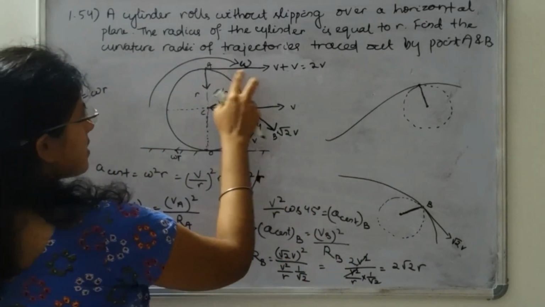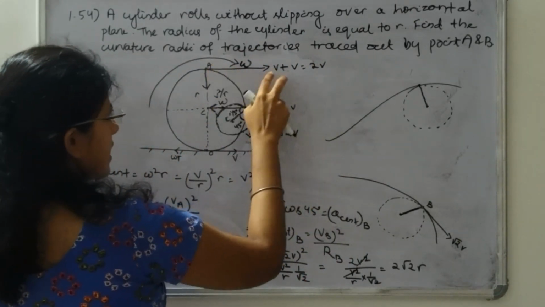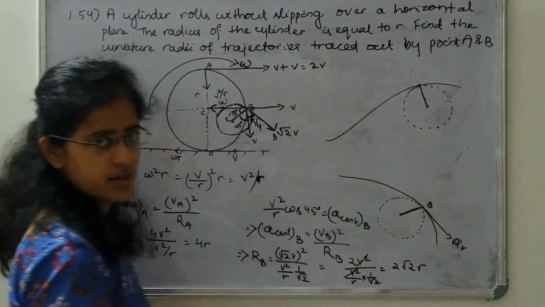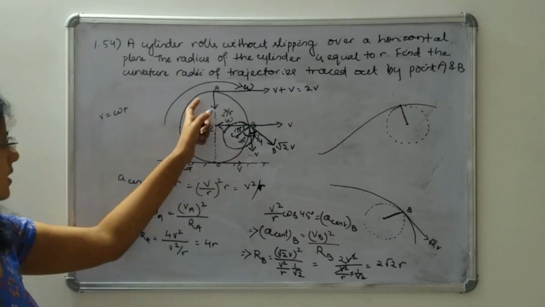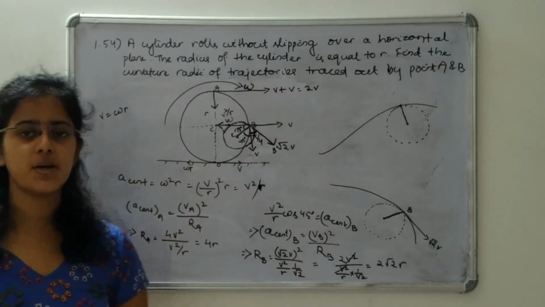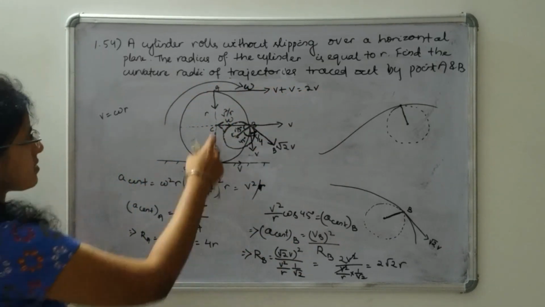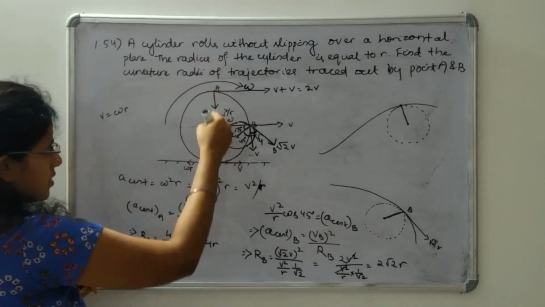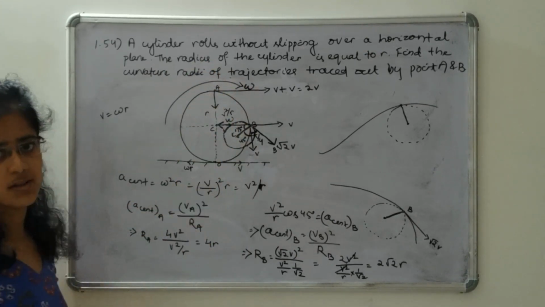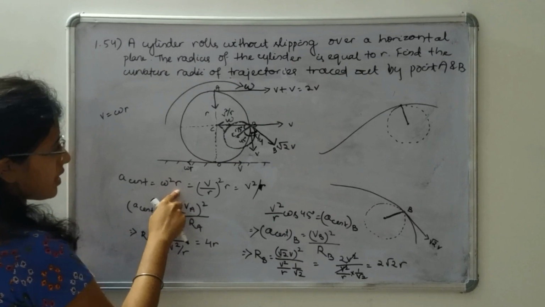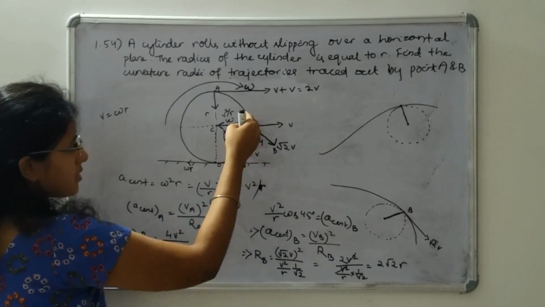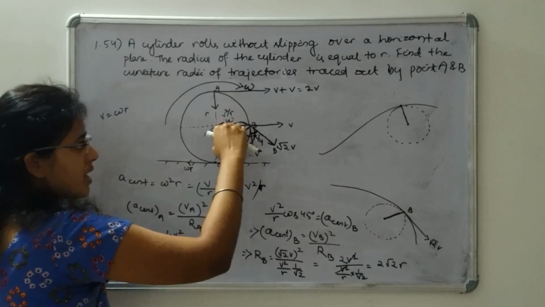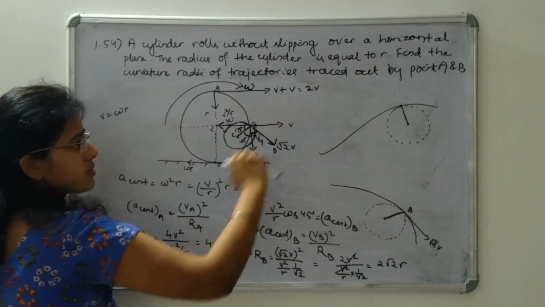But you can see that the resultant velocity of this point A is how much? 2v along this horizontal direction, and you have to find the radius of curvature of A, that is the curvature of the trajectory traced out by point A. That means the centripetal acceleration is perpendicular to this velocity. So this is omega square into r, we know, that is v square divided by r. But for point B, you can see that the tangential velocity is along this direction and the center of mass velocity is along this direction.